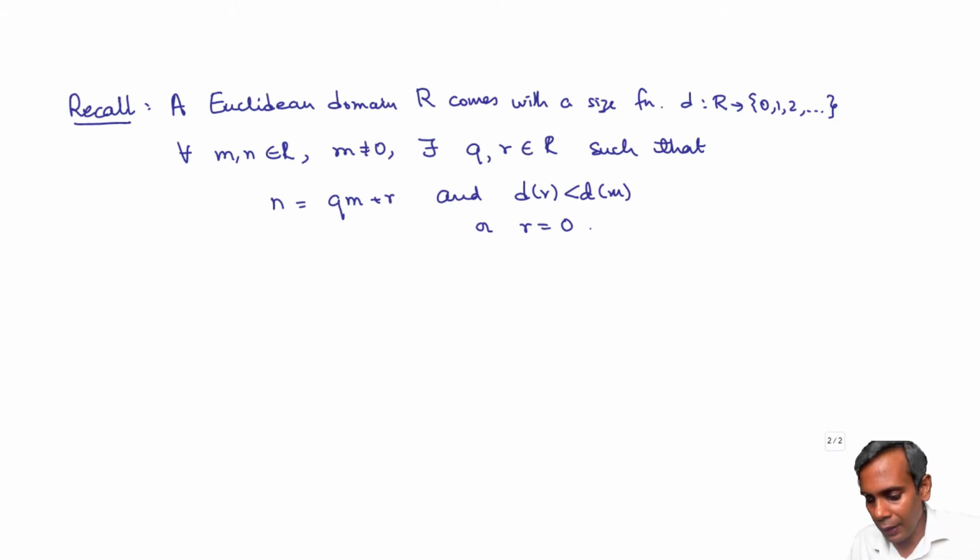So either m divides n, or you can subtract a multiple of m from n to get a remainder whose size is strictly smaller than the size of m.